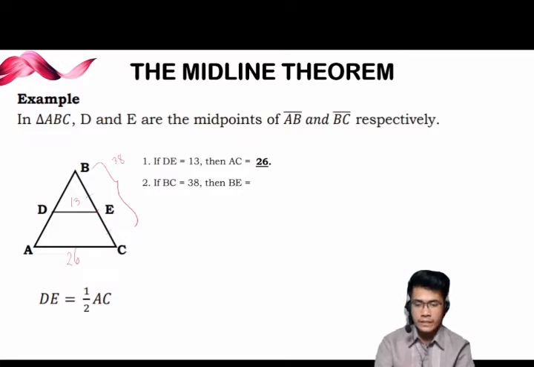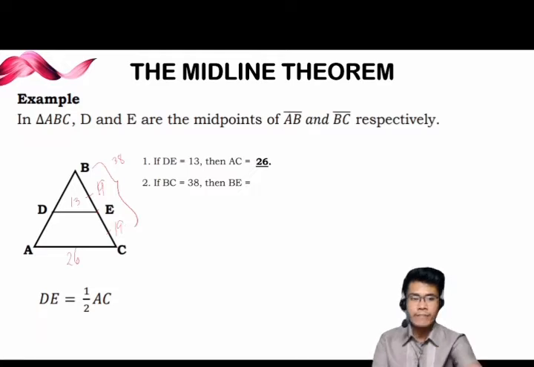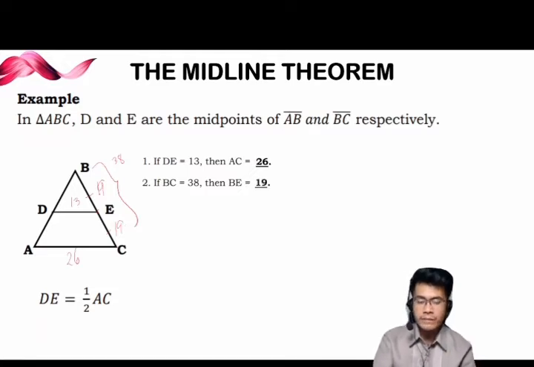BE is half of 38, or half of side BC. So all we have to do is divide 38 by 2. 38 divided by 2 is 19. Therefore, the measure of BE is 19. Also, the measure of EC is 19, so 19 plus 19 is 38. Once again, segment BE is half of side BC. Since side BC is 38, therefore BE is 19.